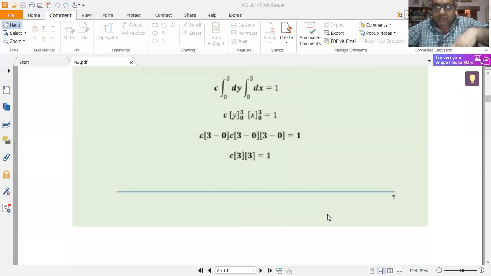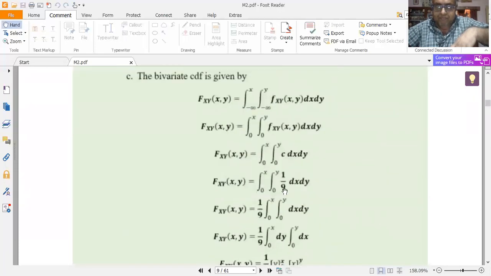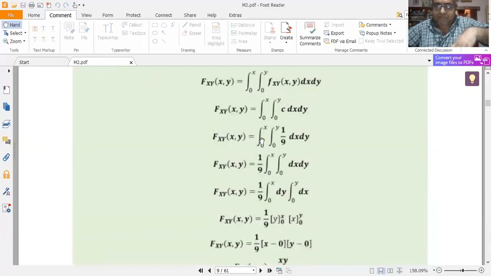So due to this, the integral minus infinity to x, integral minus infinity to y, of fXY of x comma y dx dy reduces to integral 0 to x, integral 0 to y, of fXY of x comma y dx dy. Because as per the given problem, the lower limit is 0. So see the change, how it has been done. This is as per the given problem definition, isn't it?